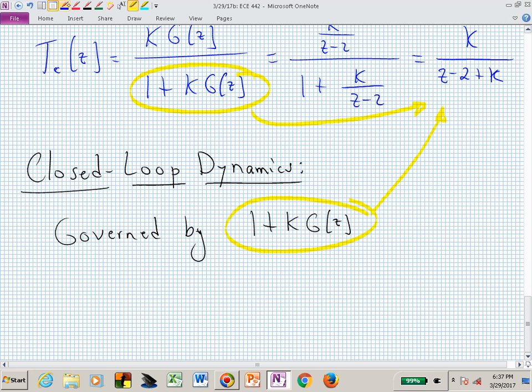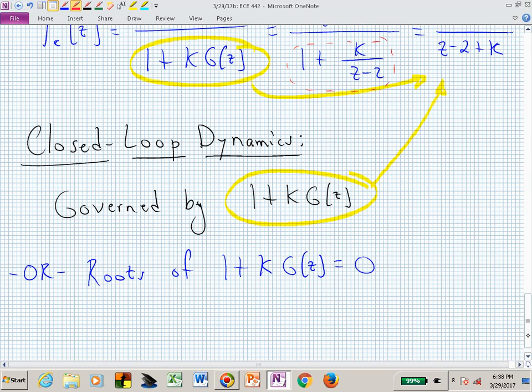Or you could say, if the dynamics are governed by the denominator, which is 1 plus KG of Z, we could also say that that's now the roots of 1 plus KG of Z equaling 0. We're really just setting this equal to 0. And if we simplify that, we want to know, when does that vanish? Well, that vanishes when the numerator of that mess vanishes. And the numerator of that mess is Z minus 2 plus K.